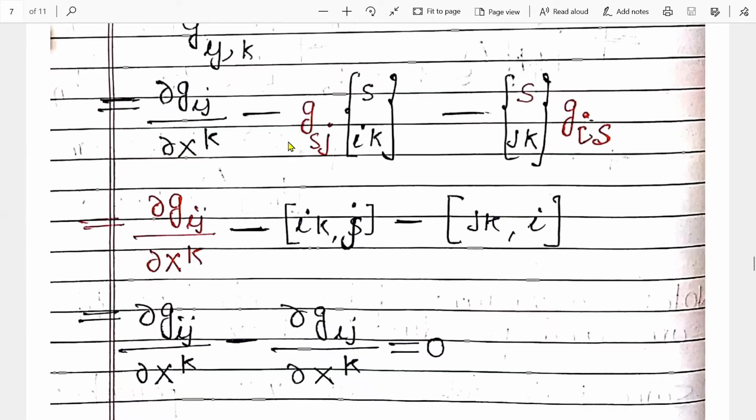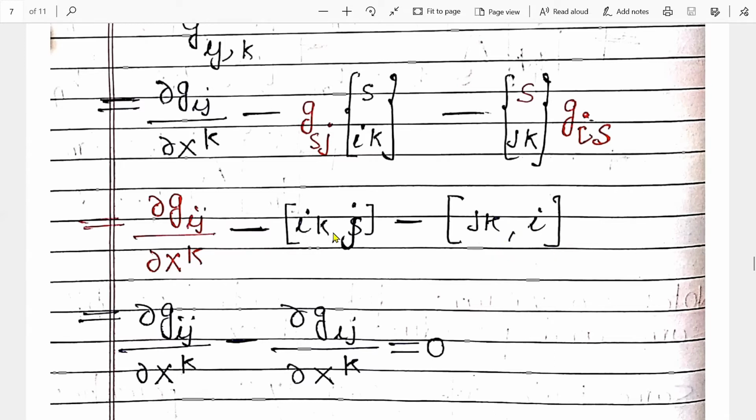Now by definition, we already proved that this product is in the form of the first kind Christoffel symbol. So in order to remember, S and S are common, so this J is shifted to here, right? In this case SS is common, so this I is shifted to here in first kind.